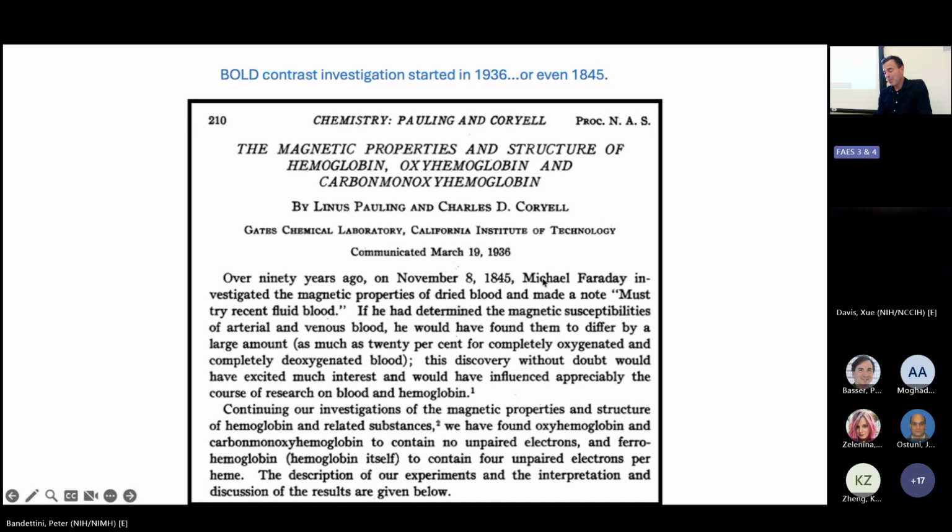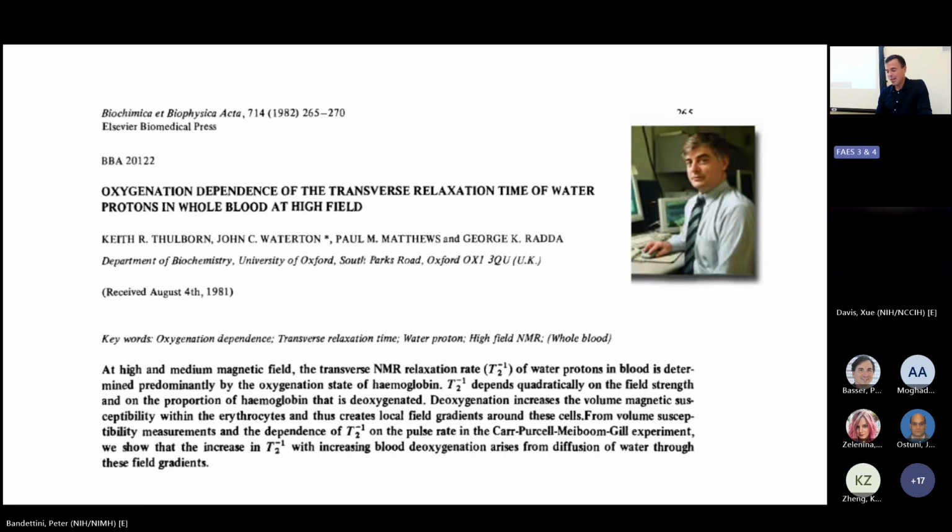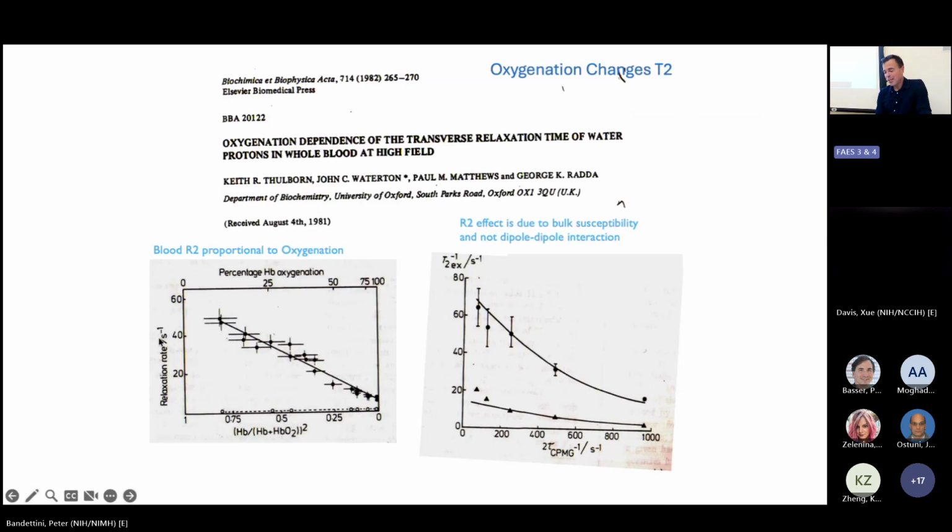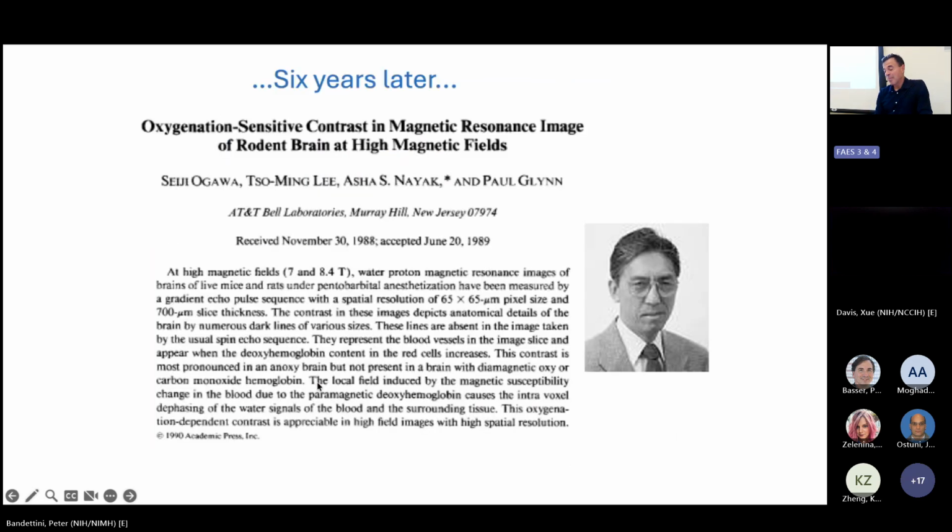And as I mentioned, Thulborn measured this very nice relationship between the T2 of blood and oxygenation. It's interesting because when that happened, everyone saw that it was proportional to oxygenation, but they didn't think it was enough. Going back to the field back then, they thought, well, it's something, but we don't know.